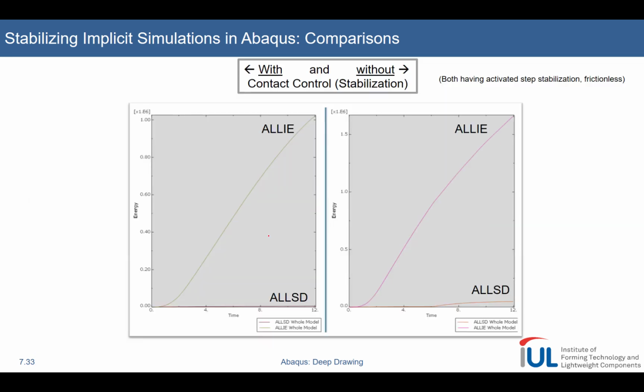Okay, so if the picture on the right is the same as you've seen before from our physically unsound calculation, and the one on the left, where we additionally activated contact controls, you've seen that it seemed to have a positive influence on the value of our step stabilization value, the viscous damping energy, ALLSD, because here you can clearly see it's pretty low, and it stayed well below our 0.02% threshold.